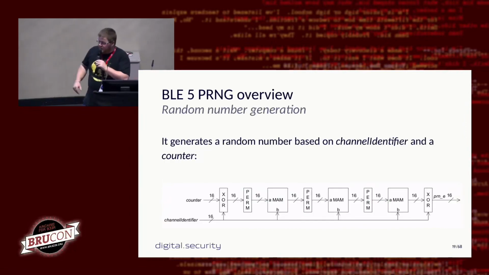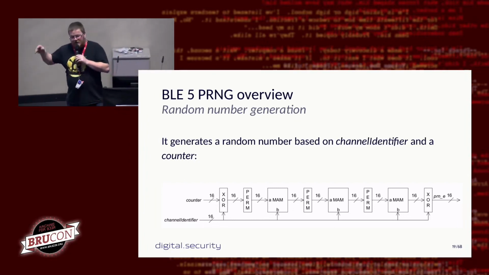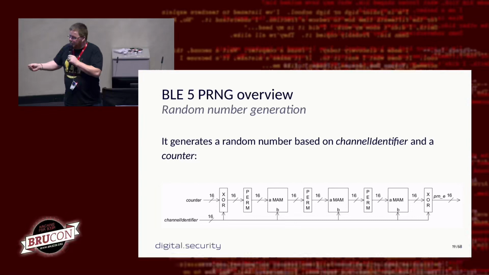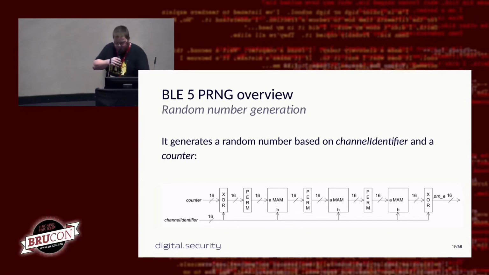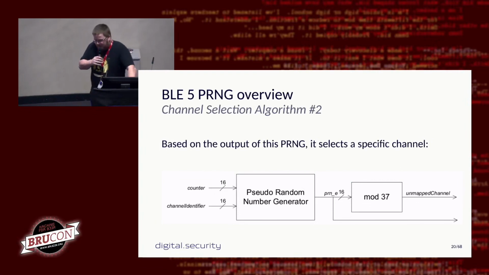The first step is XOR, then a bit permutation, then the first MAM, bit permutation, second MAM, third permutation, third MAM, XOR, and you get your random number, or what is supposed to be a random number. This is using channel selection algorithm number 2.